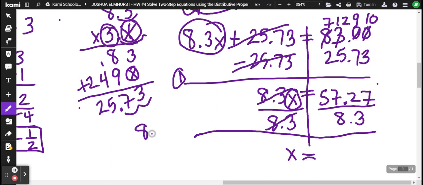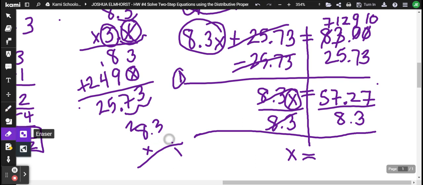So you can estimate, guess, and check and see what we get. 7 times 3 is 21. 7 times 8 is 56. 57, 58. All right, so that is too much.